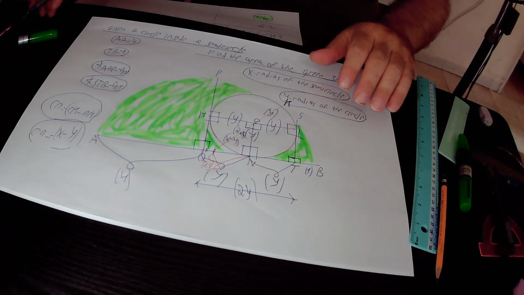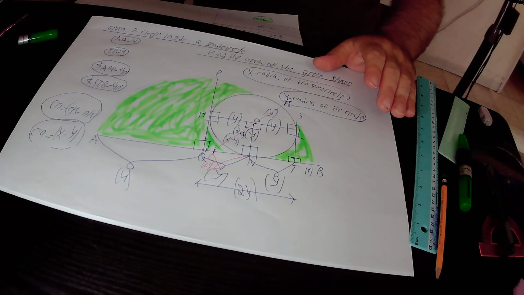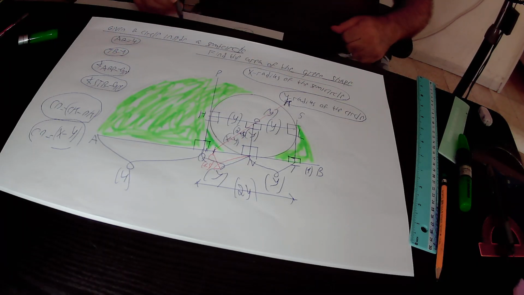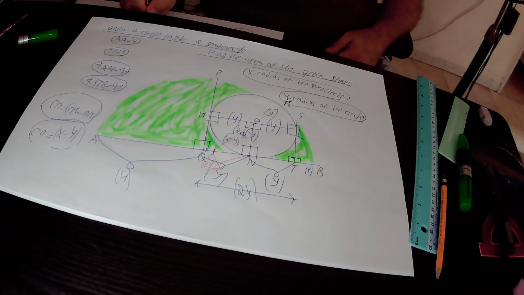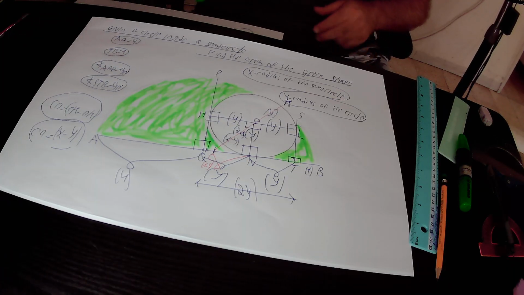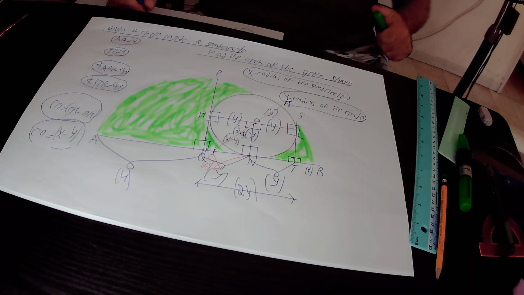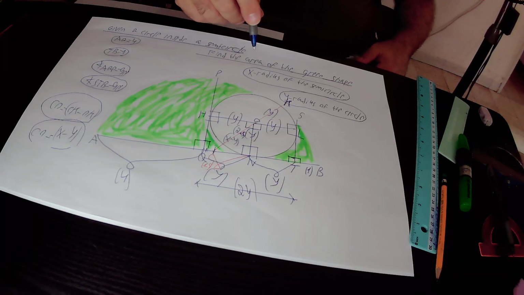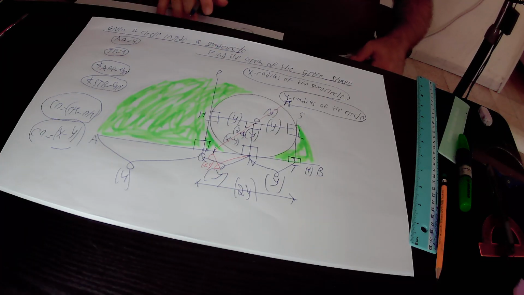Our task is to find out the area of this green shape. So what is the area of the green shape? From the drawing it is very easy to see that the area of the green shape equals the area of the big semicircle minus the area of the small circle.